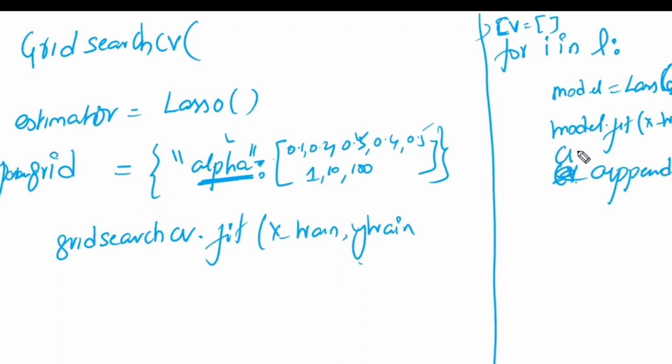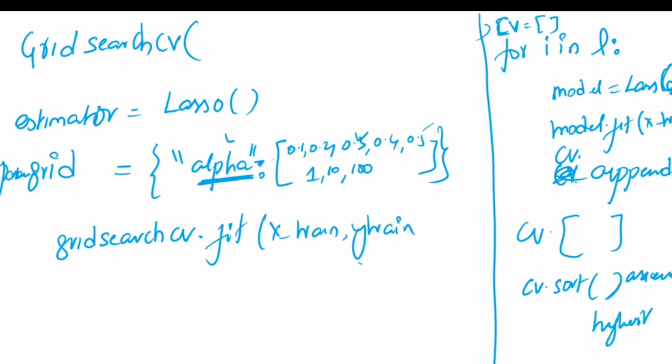After appending, to identify the best one we apply the sort function with ascending is equal to false, which means descending order. In descending order, the first position will be the maximum value. We identify the index number of that first position, and then proceed from there.